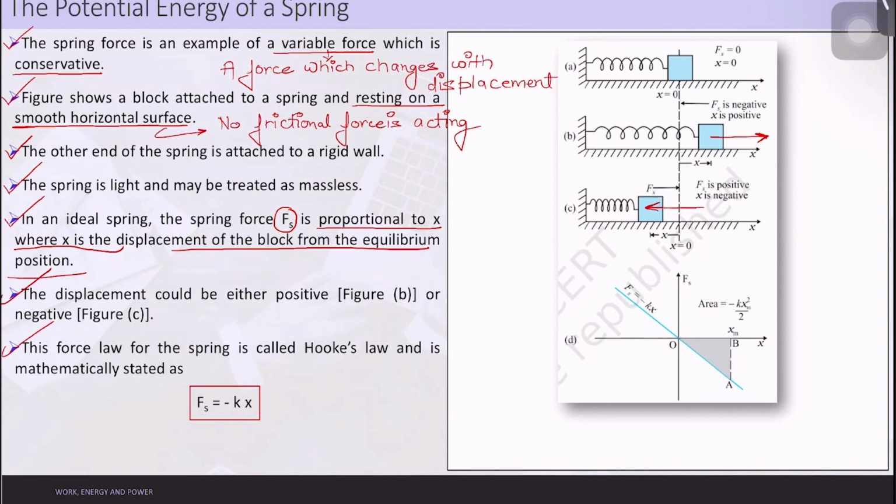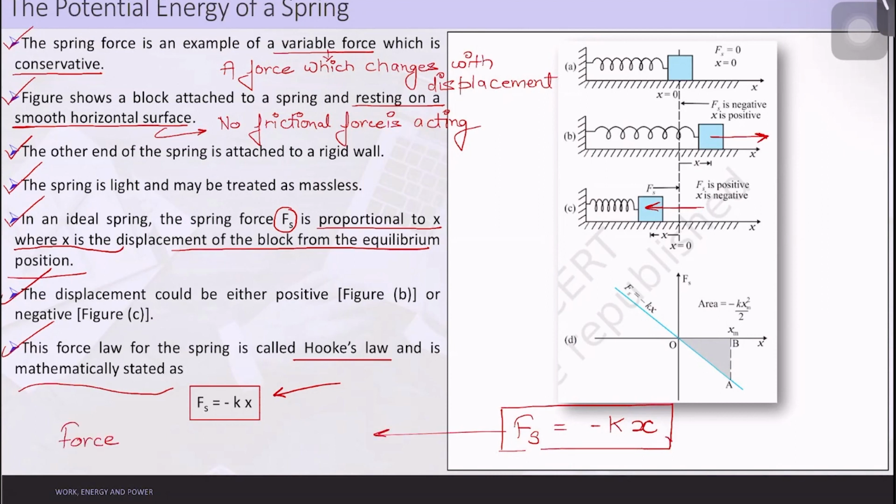This force of the spring is called Hooke's law and is mathematically stated as Fs is equal to minus Kx. Please remember this. Fs is equal to minus Kx. Please remember that the force acting is opposite to the direction of the displacement.